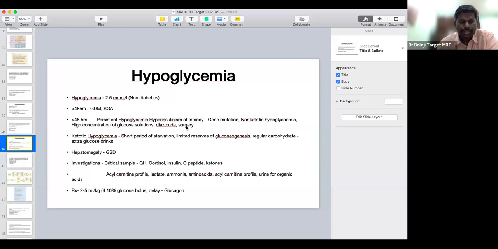We should understand that the most common cause is persistent hyperinsulinemic hypoglycemia of infancy. So hyperinsulinism is one of the most important causes. How will the child be biochemically? Will ketones be present in hyperinsulinism?